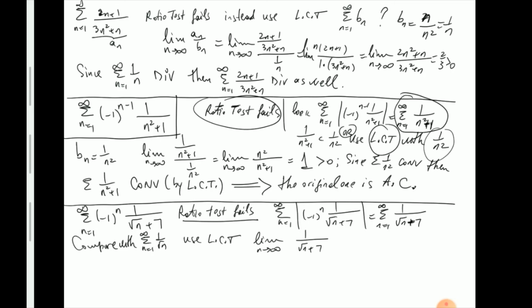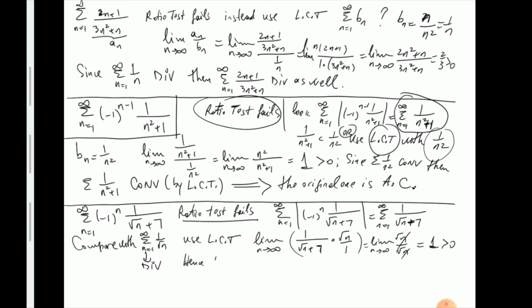of 1 over root n plus 7 divided by 1 over root n, which is the same as times root n over 1. You look at the dominating terms, plus 7 here. The dominating terms are the same. The limit is 1. It's a positive number. They both converge or both diverge. This is divergent because it's a p-series with p less than 1.